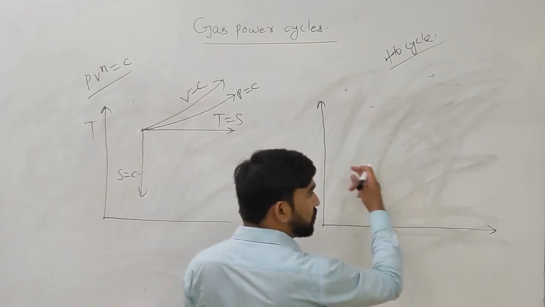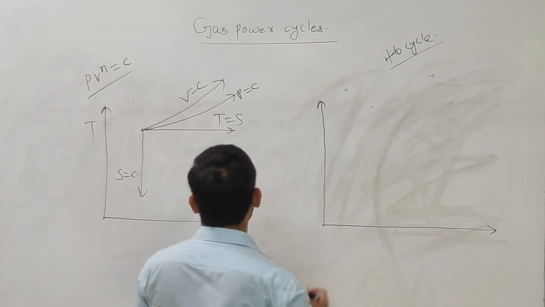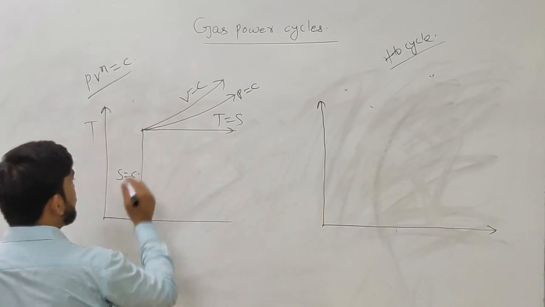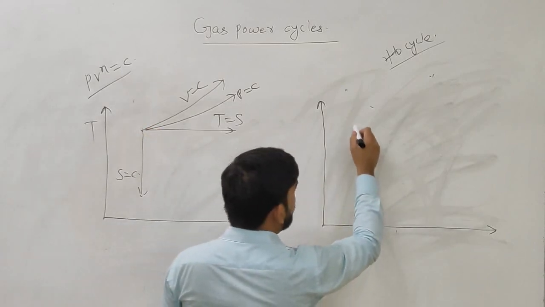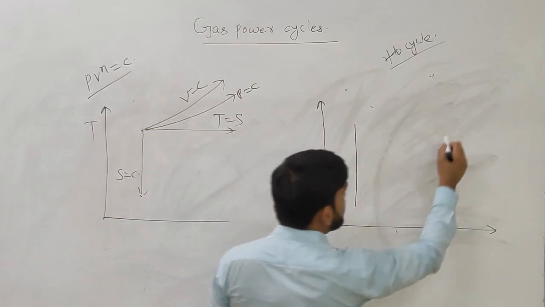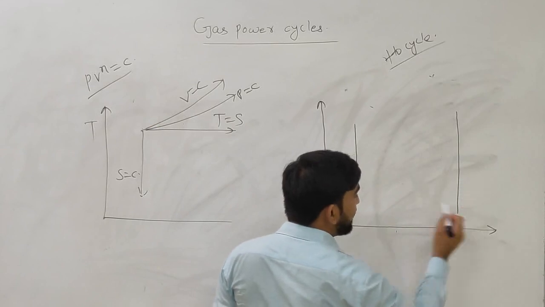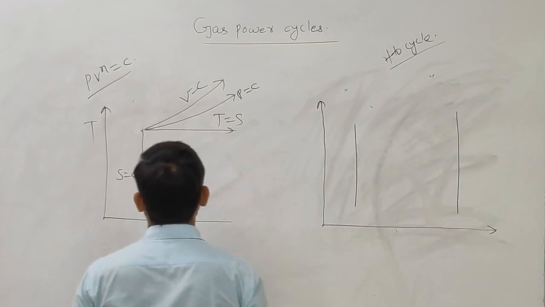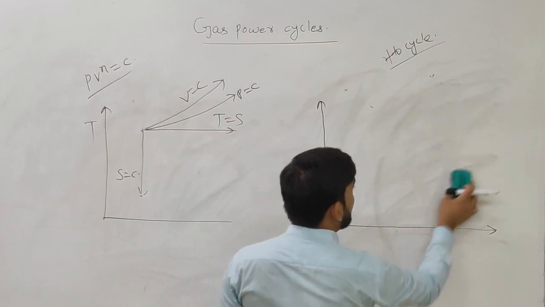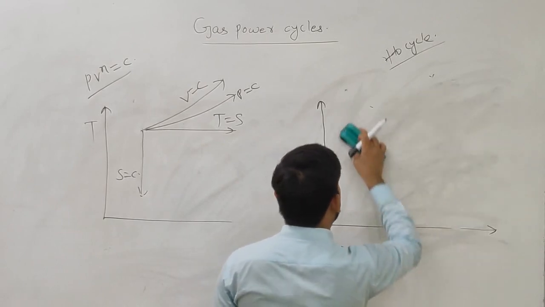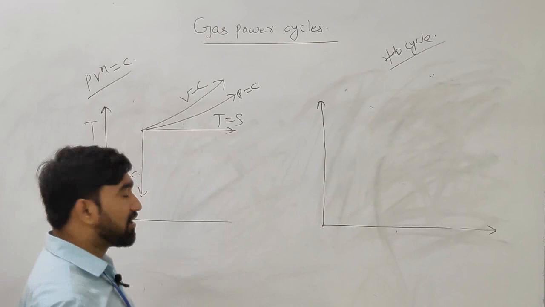So 1 to 2 was a reversible adiabatic, and in case of TS diagram, this one is the isentropic process. So there are two isentropic processes, meaning two straight vertical lines. Here we can draw, but we will also have to see whether heat is added or rejected. So according to which we will draw.